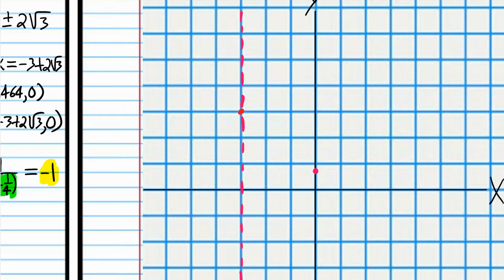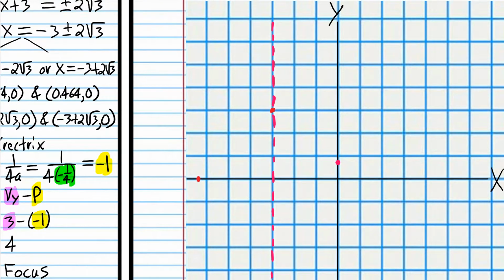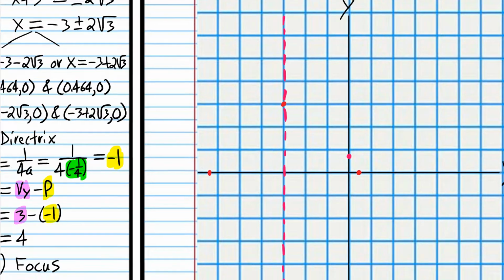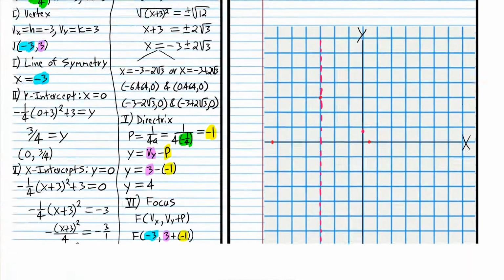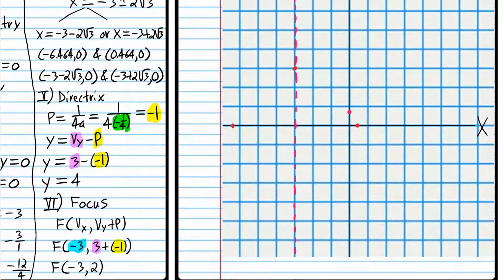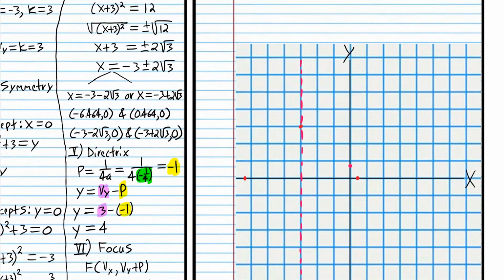That'll be about here. And we have 0.46, which will be about here. So those are the x-intercepts, and the directrix is going to be y equals 4. 1, 2, 3, 4, so that's up here. Remember, the directrix is always a horizontal line.